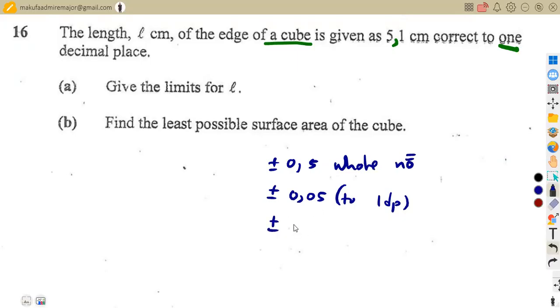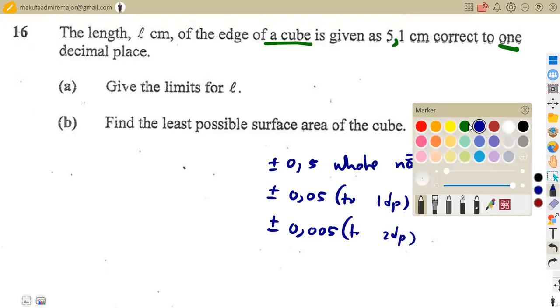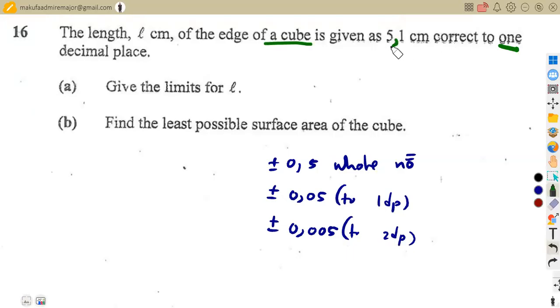In this case, the number 5,1 was correct to 1 decimal place, so these are the limits we work with.